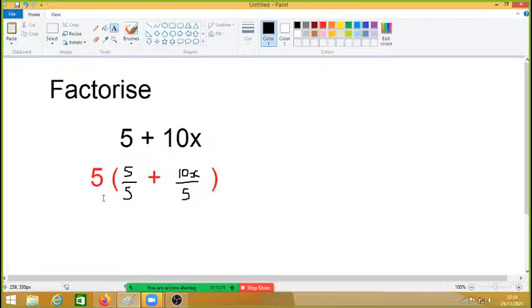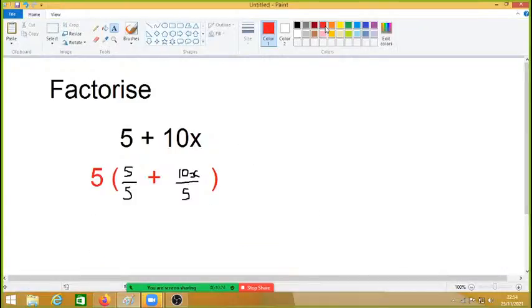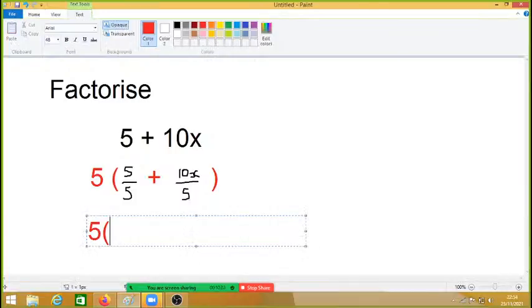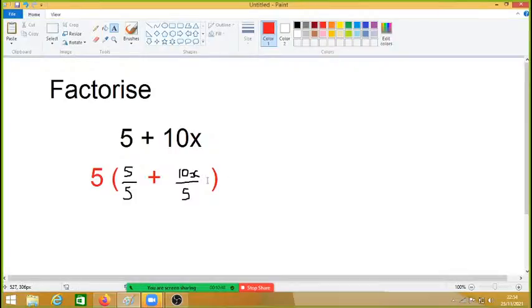You'll get the same thing as what I had at the beginning as my first answer, because 5 divided by 5 just becomes 1 and 10x over 5 just becomes 2x. So you could carry on and just end up with the same thing. But here, for what we're about to do, it's easier just to leave it like that.